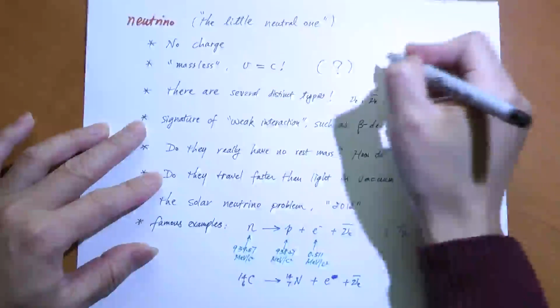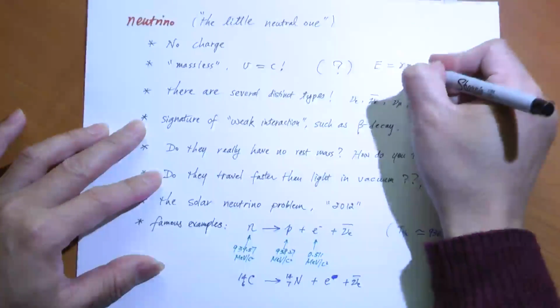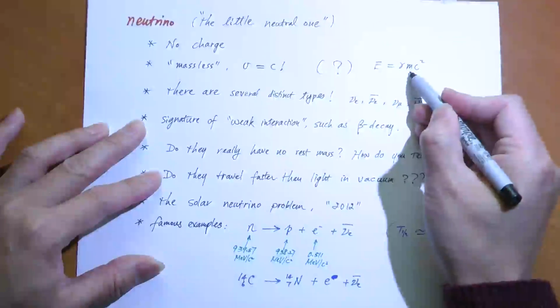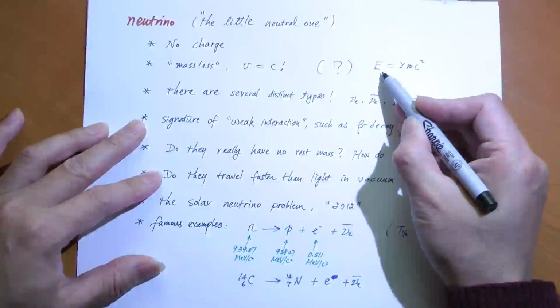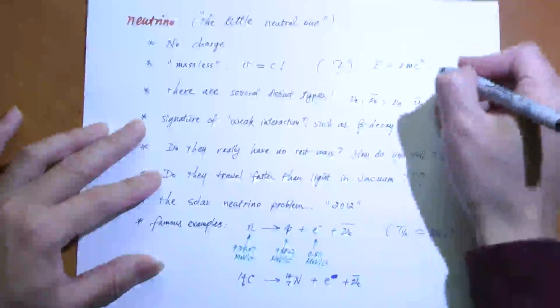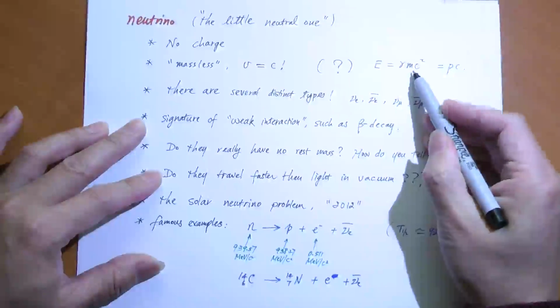I mean, look at energy equals gamma m c squared, right? M is zero. M is the rest mass. So gamma has to go to infinity, otherwise E is zero, which means the particle never existed. Which means v equals c. And it reduces to E equals pc if the rest mass is zero.